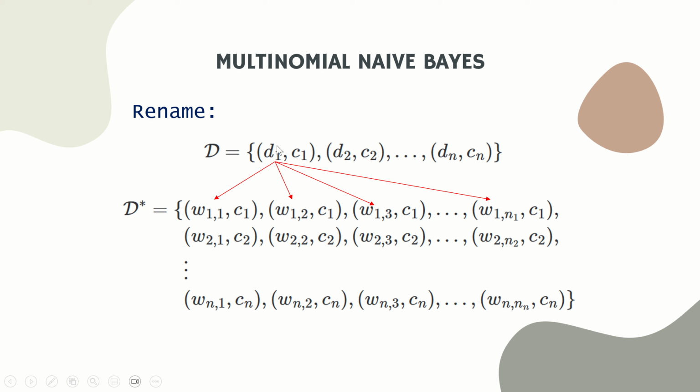The document D1 has the first word, the second word, the third word, and the n1th word. We expand it all. Keep in mind that there's actually no bracket in this. In reality, I just write this so it's easier to understand that we want to expand the set D.